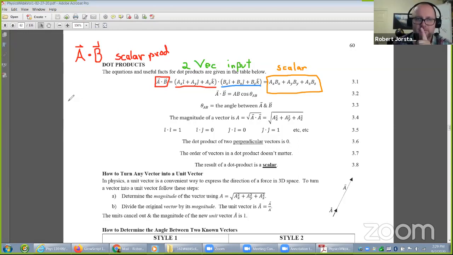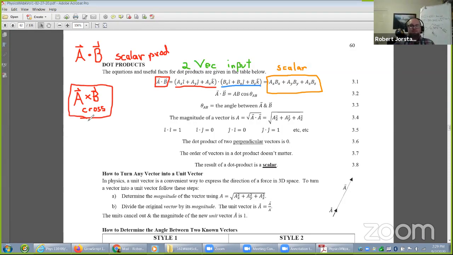Now, to distinguish this from the cross product, A cross B looks like the normal multiplies sign. And so this is a cross product. It's going to be important what multiplication symbol you use. For cross products, the order in which you do the operation matters.